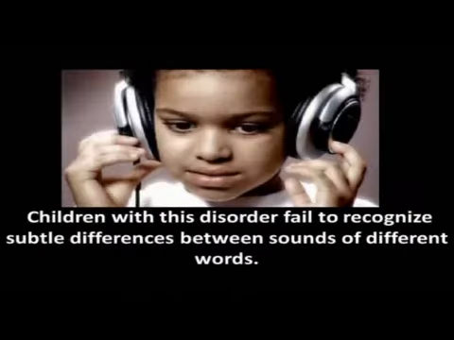Children with central auditory processing disorder often fail to recognize subtle differences between the sounds of different words, even though the words are clear and loud enough for them to hear. This inability to understand words often becomes worse in noisy environments, but is not as present in quiet environments.